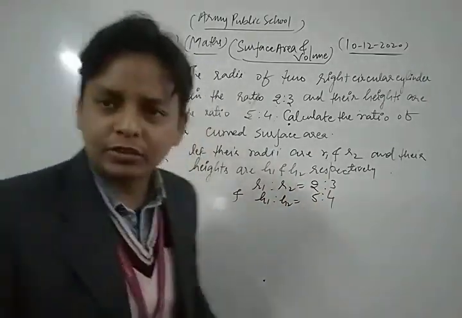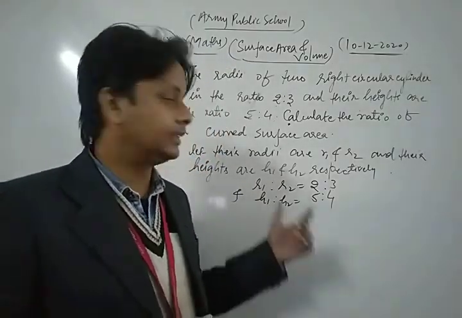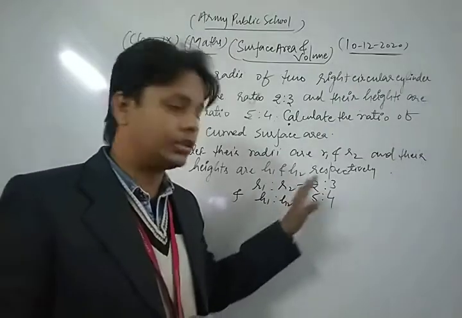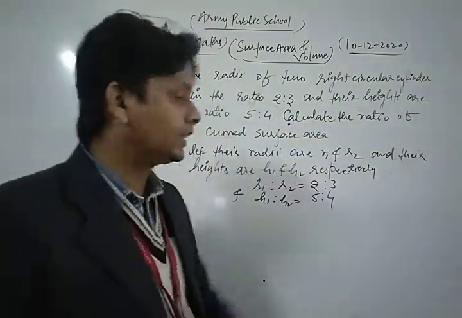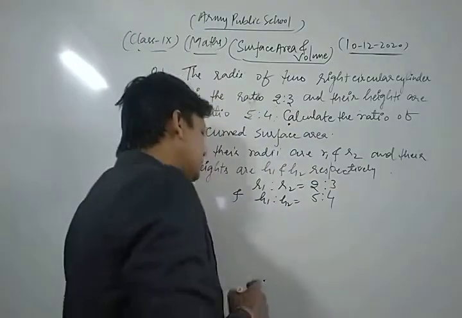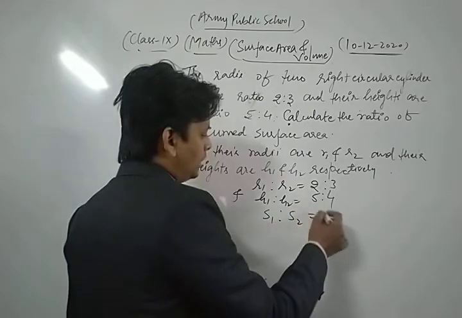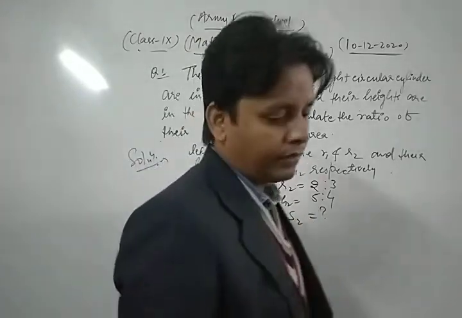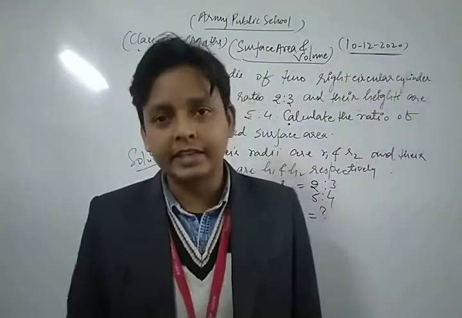So the ratio of their radii and the ratio of their heights are given. Now we find the ratio of their curved surface areas, that is S1 ratio S2.